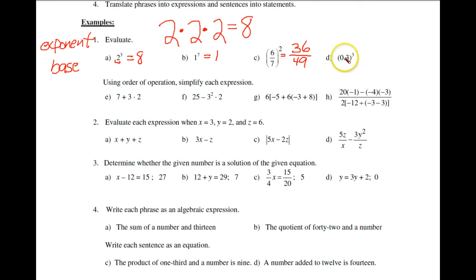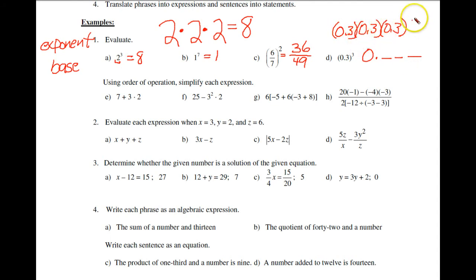Now, when they have a decimal inside, and many of you will be checking the results of this with your calculator, remember it's this, 0.3 times 0.3 times 0.3. Now, if you recall from the rules of multiplication of decimals, if there's 1 decimal and 1 decimal and 1 decimal, in your answer, you're going to get 3 decimal places, 1 for each of these.